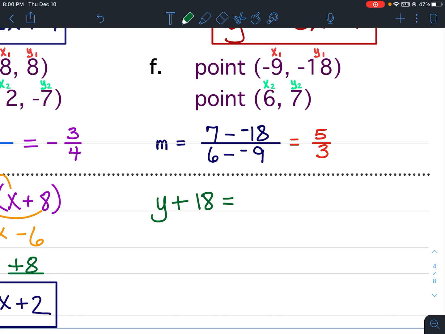Equals the slope, which would be 5/3 times x minus x1, or in other words, what is the opposite of x1? The opposite of negative 9 is positive 9. So again, you could have minus negative 9 there, or just change it to positive 9 right away.